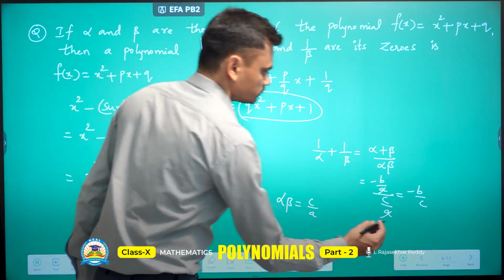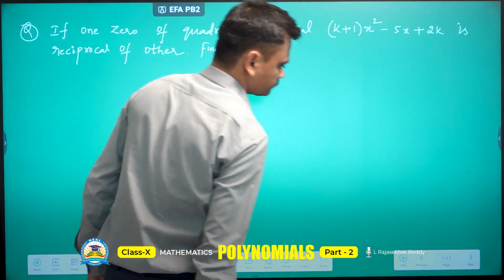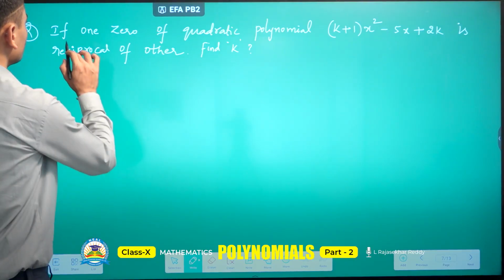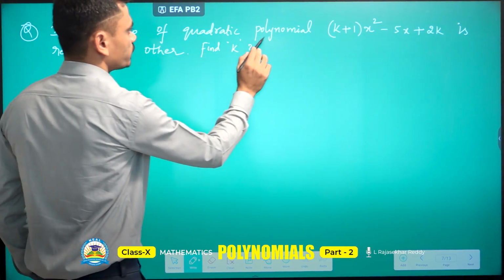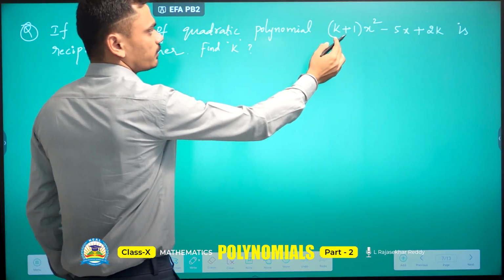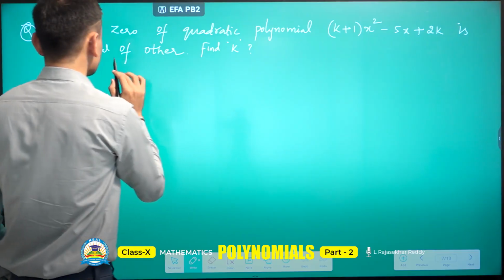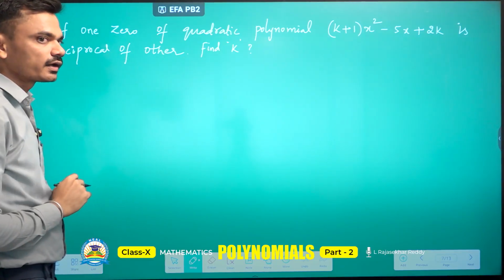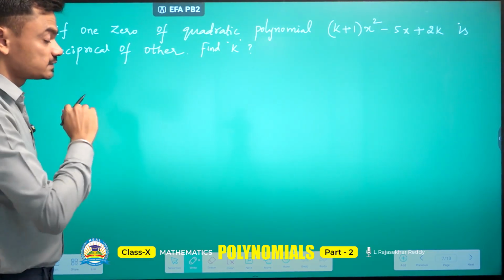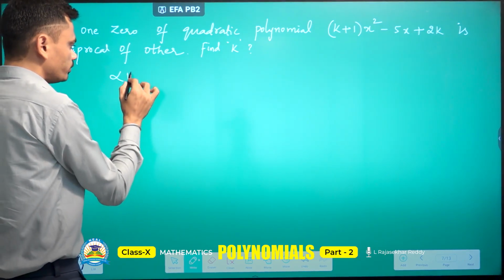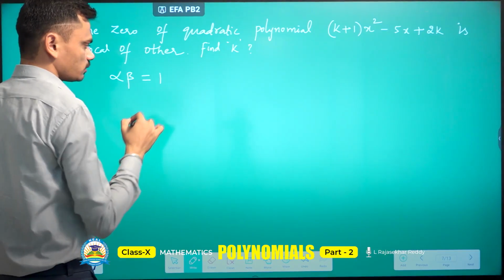Next, here there is one more question. If one zero of the quadratic polynomial (k plus 1) into x square minus 5x plus 2k is the reciprocal of the other, find k. One zero is reciprocal of the other means alpha into beta is equal to 1.